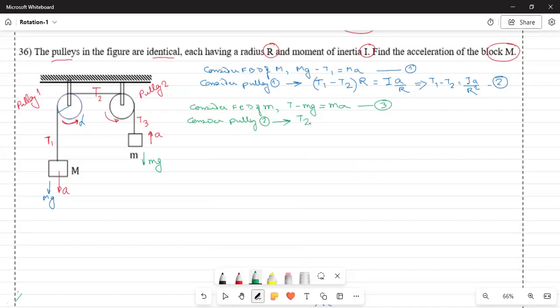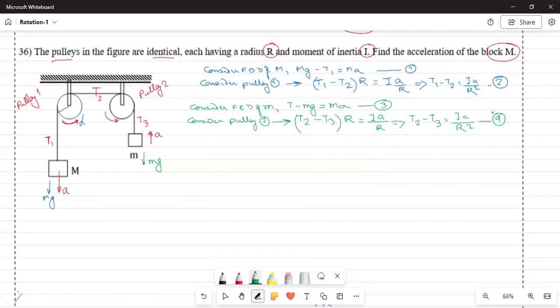So T2 minus T3, multiplied by the radius R, is equal to I a by R. Sorry, it is equal to I alpha, which is I a by R. From here we get T2 minus T3 is equal to I a divided by R square. Let's say this is equation 4.